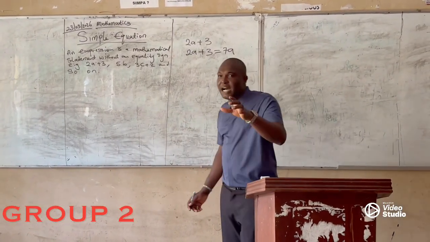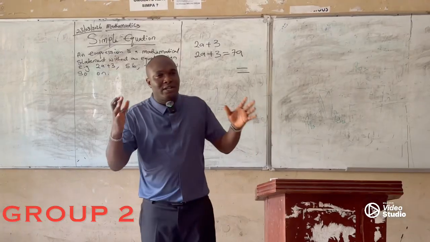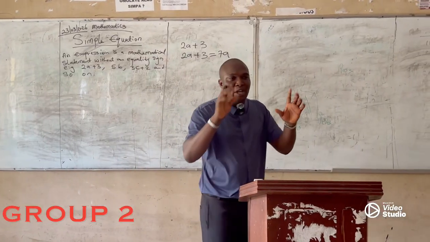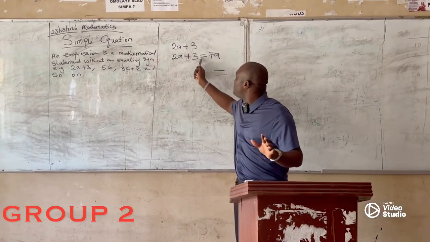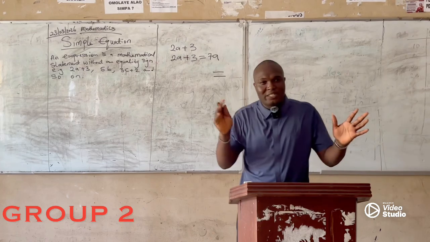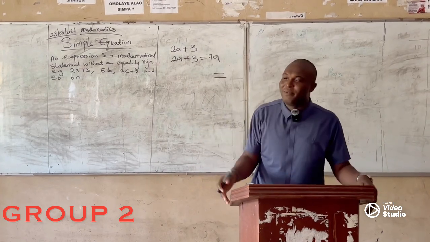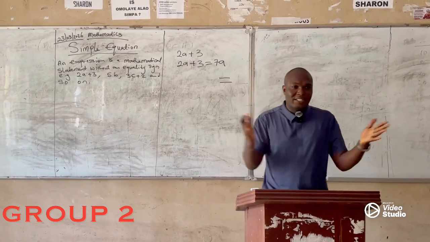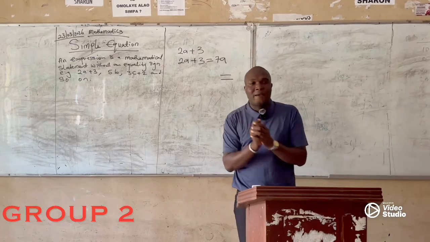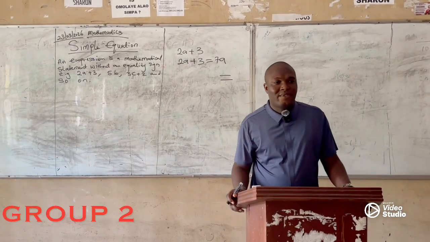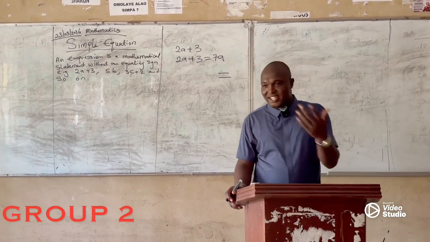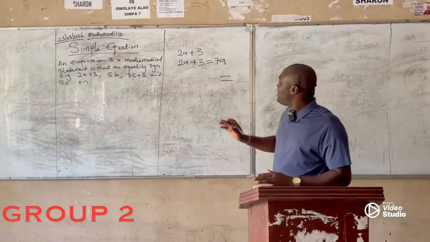Now, looking at that, can anybody give us the meaning of a simple equation from these two illustrations? Can anybody give us an idea what a simple equation is all about? Who can give us the definition before we look at it on the board? Yes. Mathematical statement.